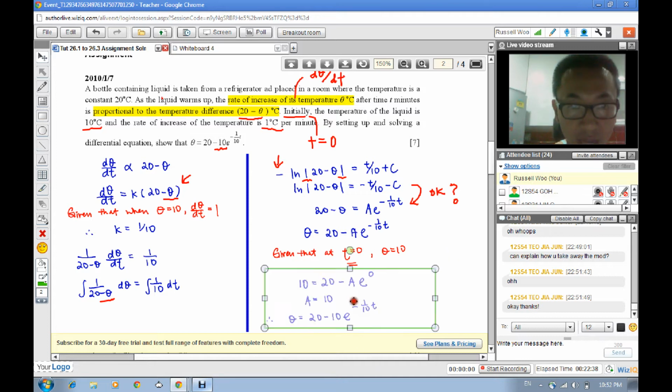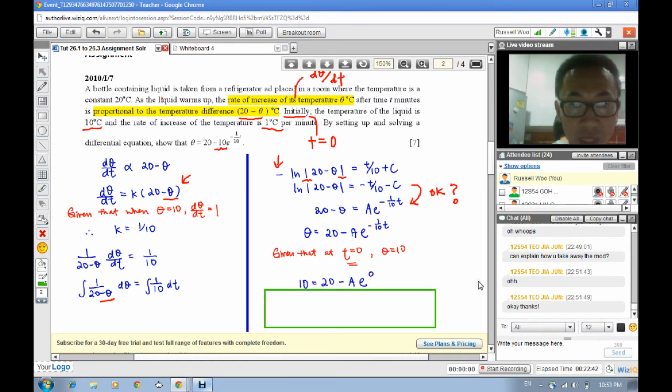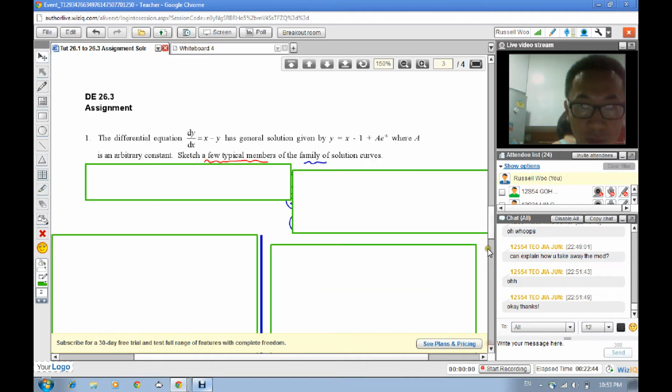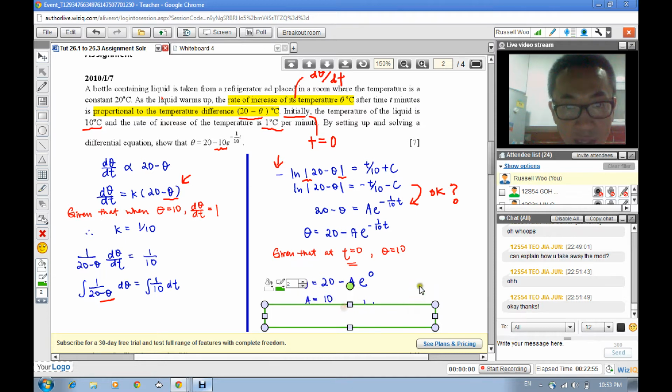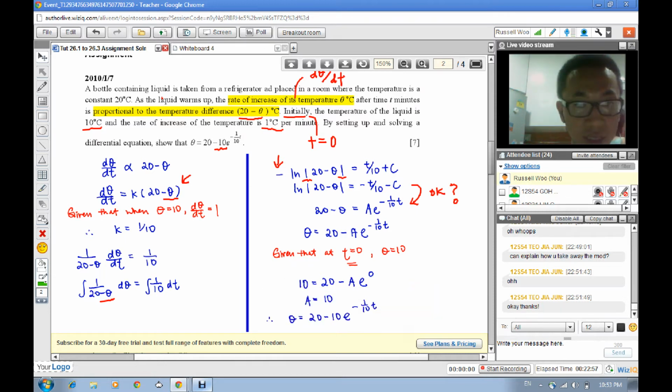So if we make use of that, we substitute this: at t equals 0, theta is 10, we can solve a is 10, and hence we have shown this expression. If you are okay, just type okay. If you have any questions, just type your questions down in the chat box.